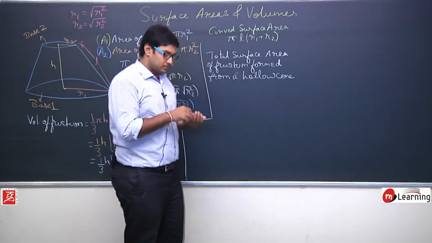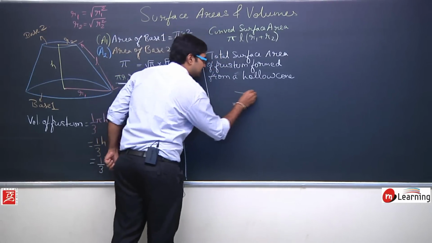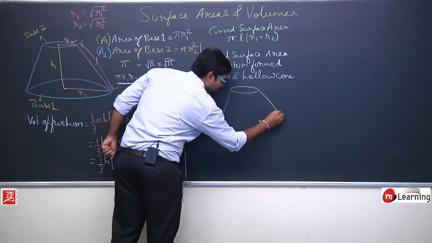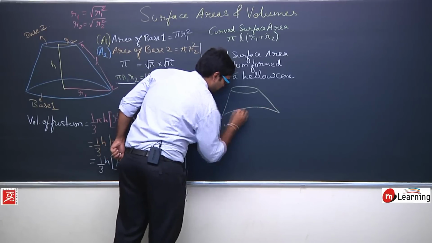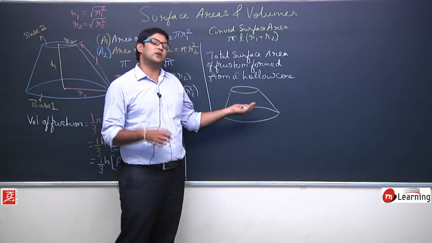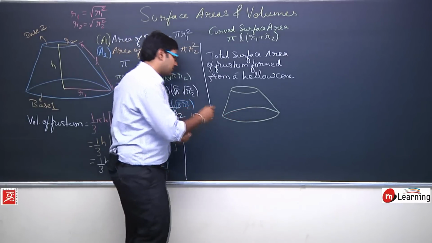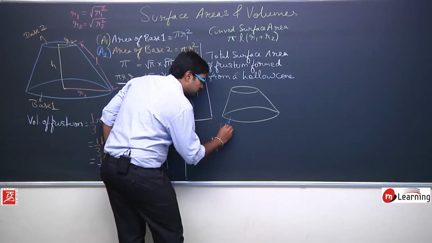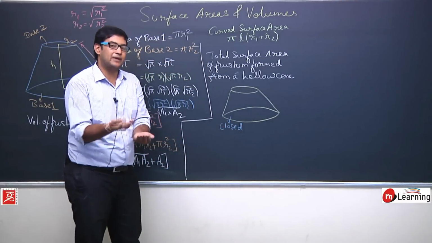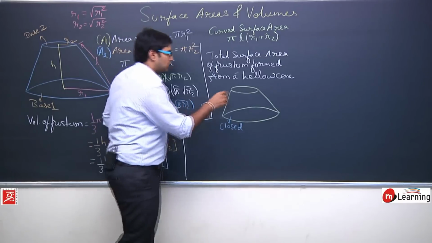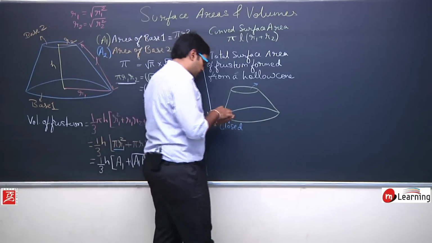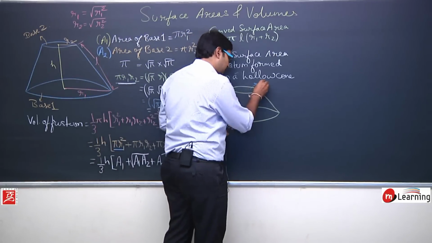in this kind of cone I will have a frustum like this. And in this frustum, since it is made of a hollow cone, we will have this base as closed. Because the hollow cone also has a base, but the top base, this one, base 2, this base 2 will be open.